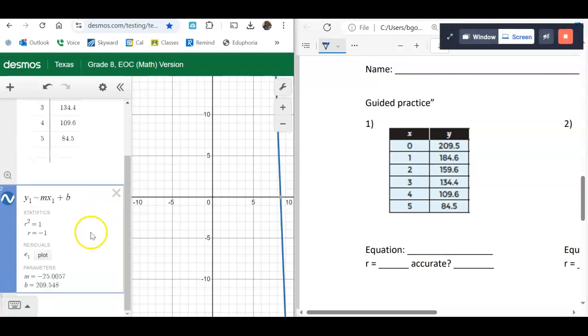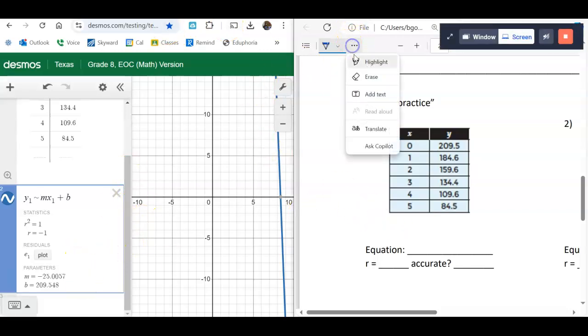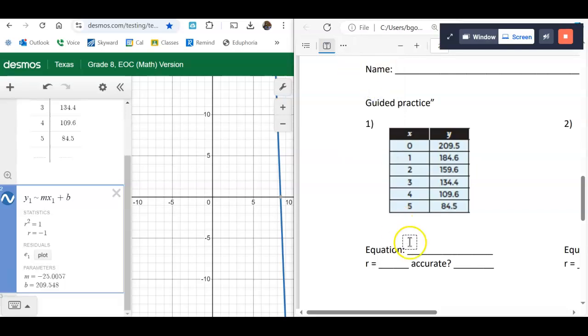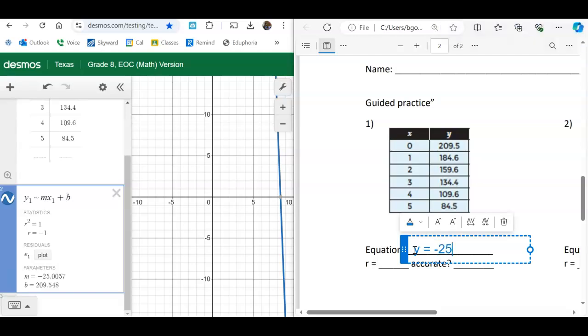Okay, so notice my equation is a bunch of decimals, but here we go. Y equals, now m is -25.0057. We can just put -25. X plus, and my b value is 209.548.